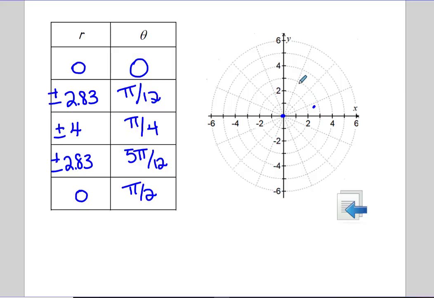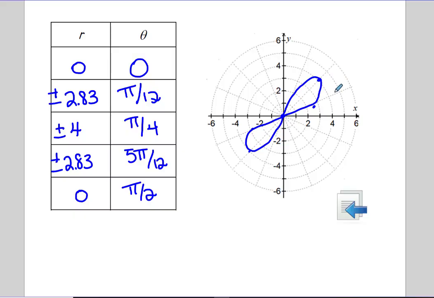And we're also at 2.83. We got 4 at pi over 4. So it's going to go around like that, come back around here, and then do the same thing again at 5 pi over 12. We're at 2.83 and we're at 4. It's going to come around this way and back to 0. Okay?